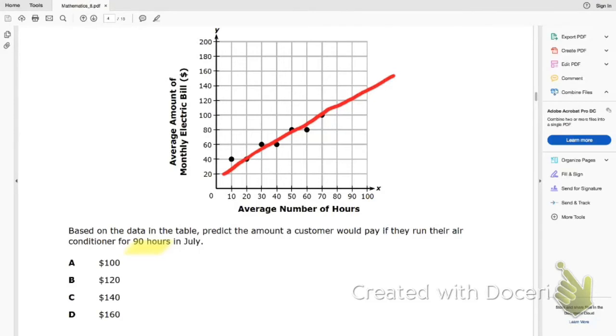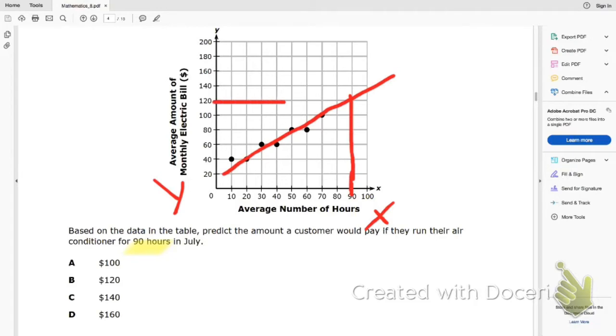Now, this is my trend line. What I've done is I identified the X and Y axis, my X axis being the average number of hours, my Y axis being the average amount of the bill, the electric bill. So what I'm going to do right now is figure out, if I have 90, draw a line up, where is it on the Y axis?